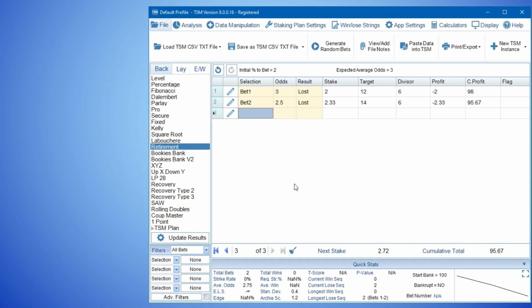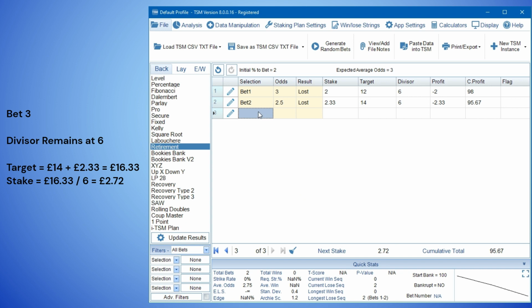The target for the third bet is again the initial 12 plus our series loss, which is now 2 plus 2.33. New target is now 16.33. Therefore the stake for the third bet is 16.33 divided by the divisor of 6, which is equal to 2.72. The third bet won with a profit of 2.72.